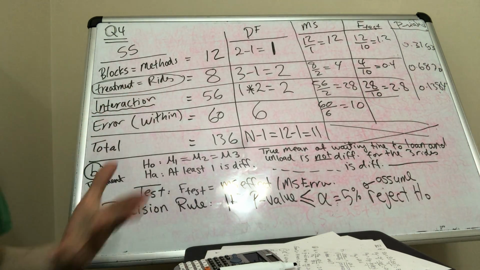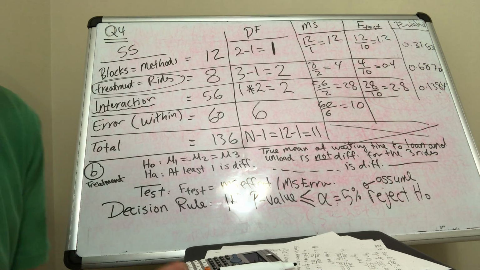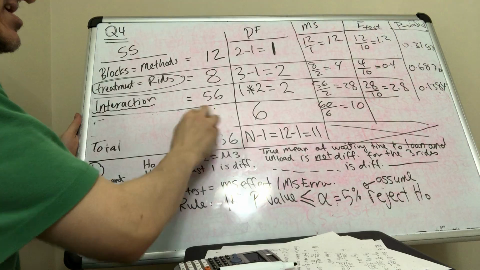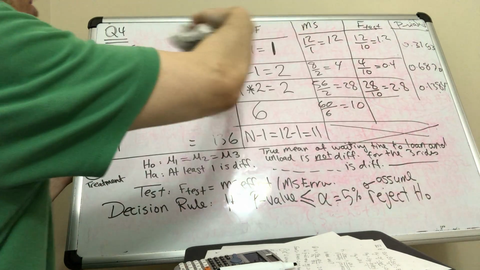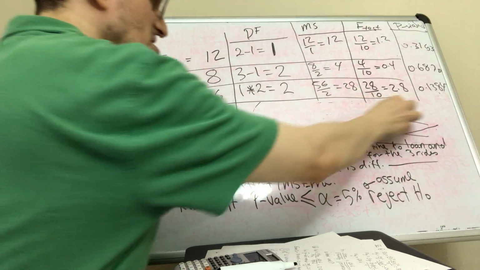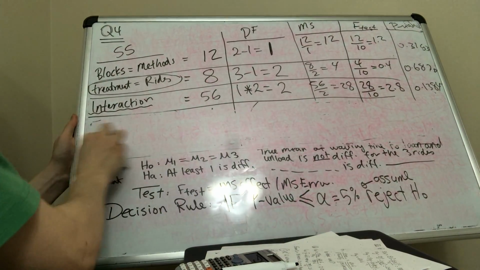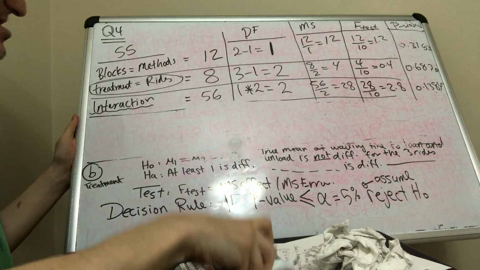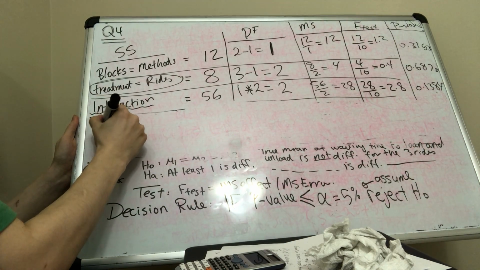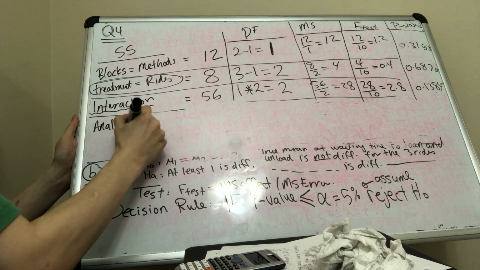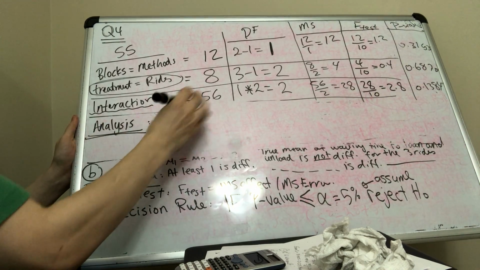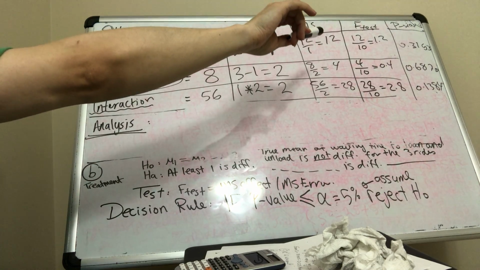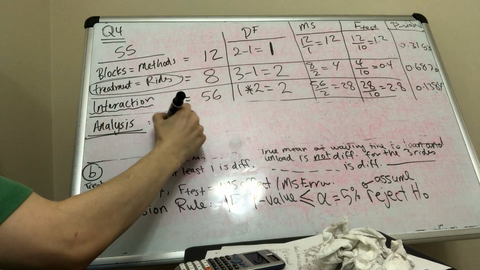Again, for the analysis, we're good. We only need to do one thing in there. I'm going to erase the last two lines because the first three are the major lines. And in the analysis, you need to pick which of the three you're going to use for F-test and p-value.